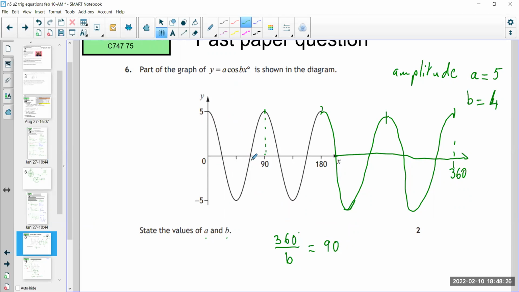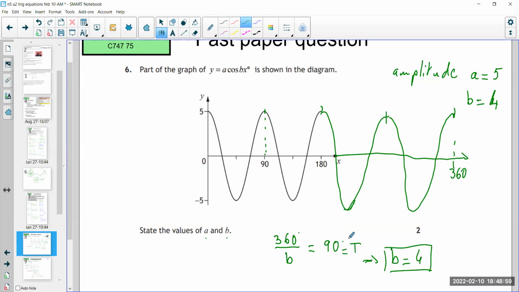Which is exactly what I just said here. How many times does it repeat itself to make 360? 360 divided by what gives me 90? 4. And that's how you get B that way as well. So without having to draw it, you can find out that B equals 4, because your period is 90 degrees.